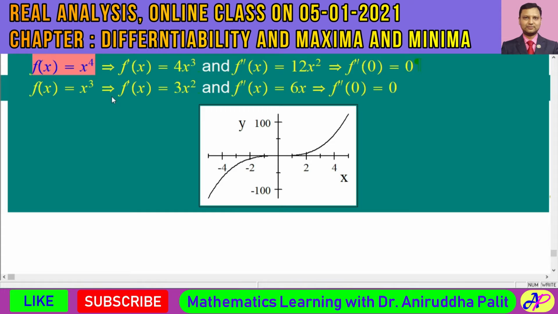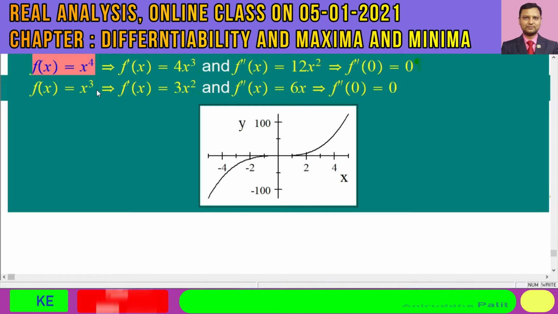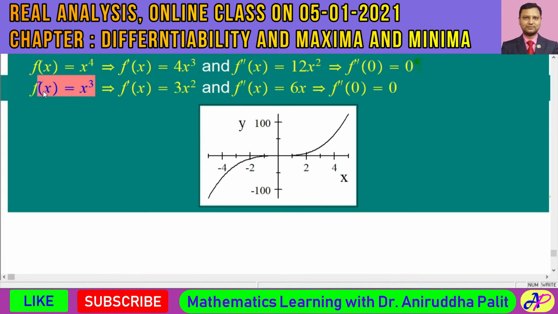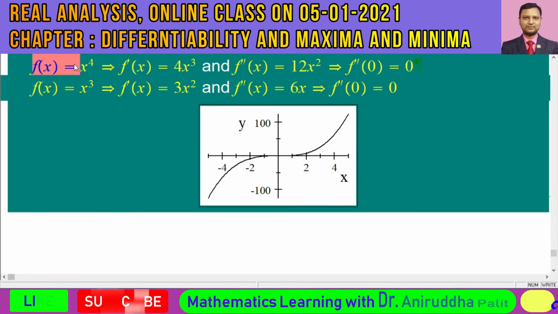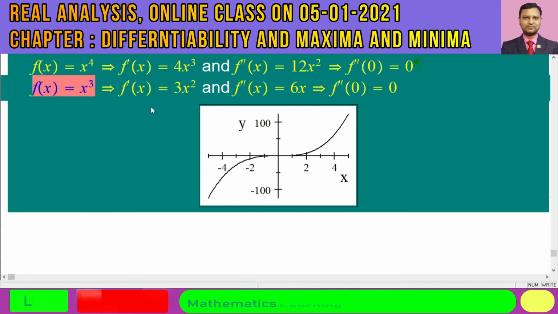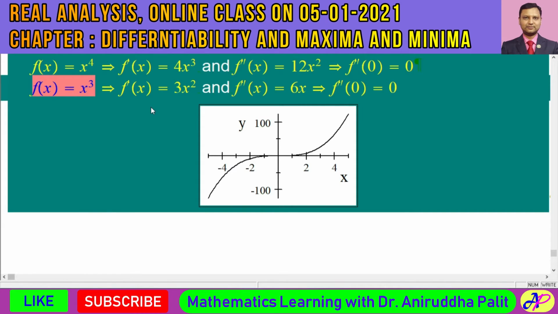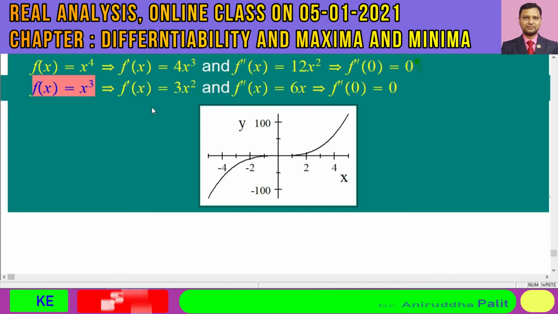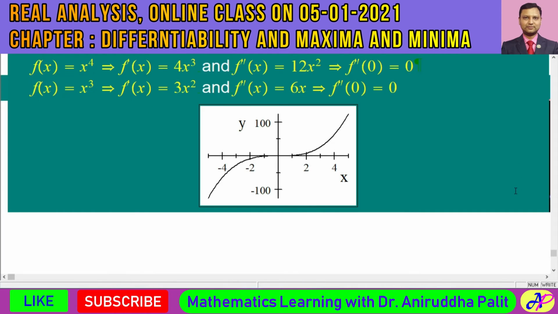It may have a maximum or minimum value, it may not. So I am trying to make your concept clear, how to get a definite conclusive result. I am not going to prove all these results, I am just stating the statements of those results.